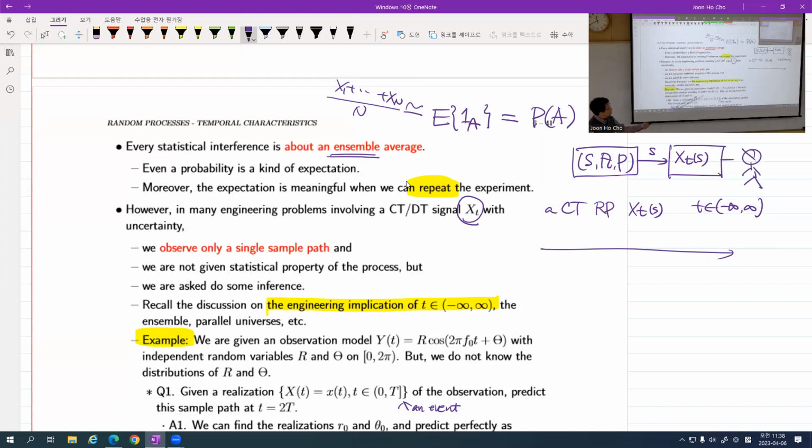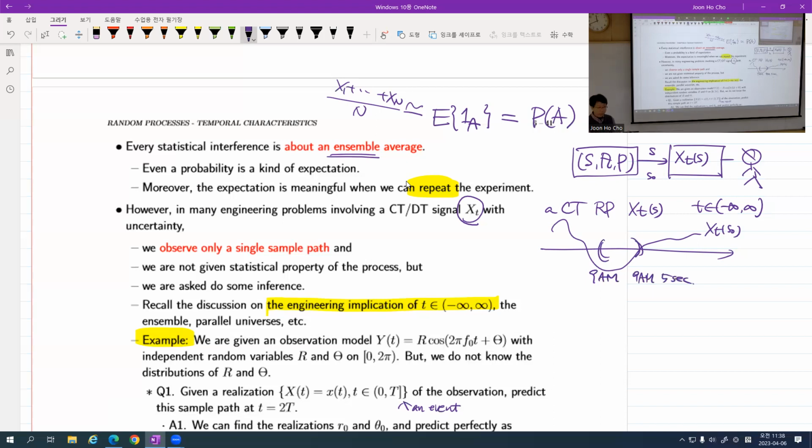Then what happens if we follow that measure-theoretic model and literally take negative infinity and positive infinity? We can observe only a part of a single realization, right? Here, sometimes s0 is realized, and probably we observe the part from 9 a.m. today to 9 a.m. plus 5 seconds, right?